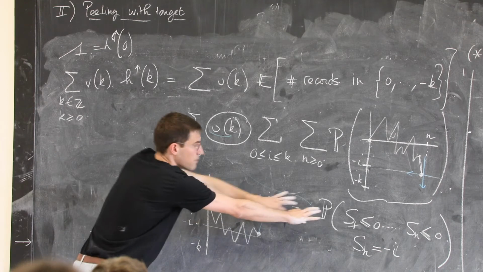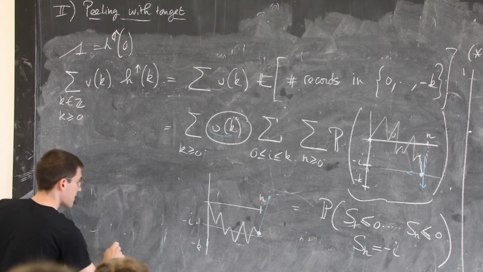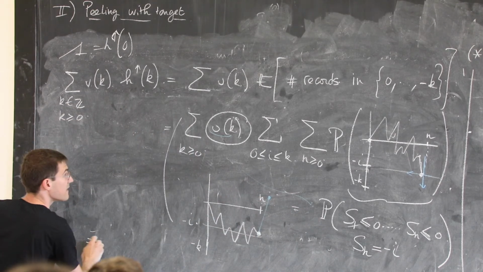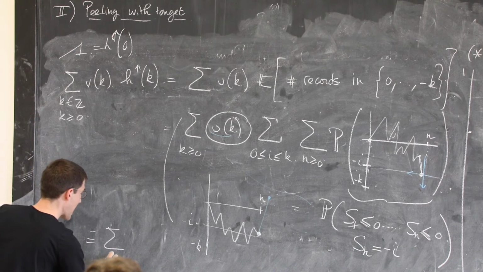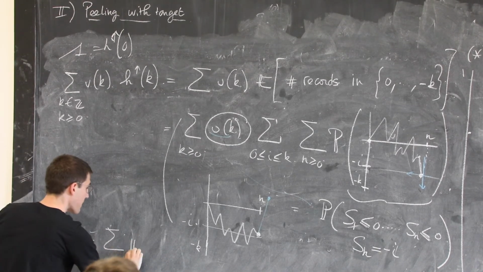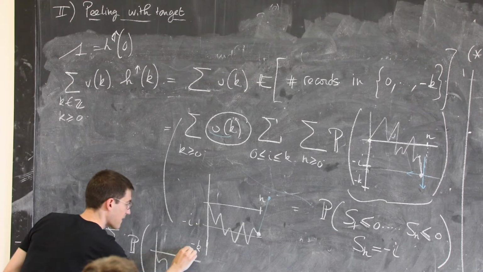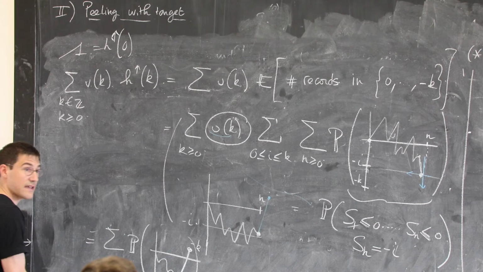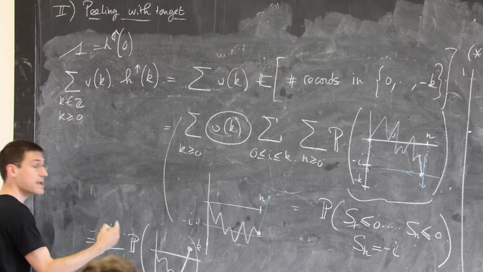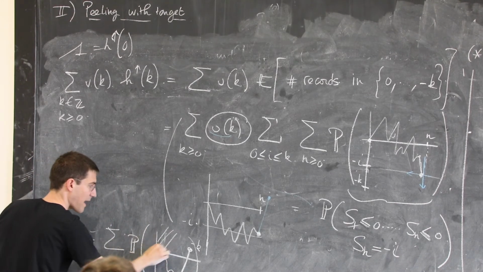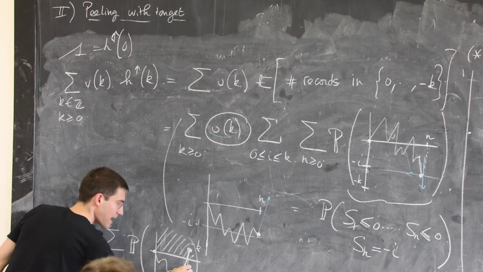So if I'm putting this here, the whole thing here is equal to the sum over n of the probability that my walk does this. And what is this? This is exactly coming back to this part at time n.